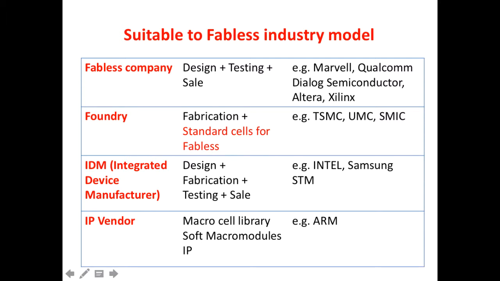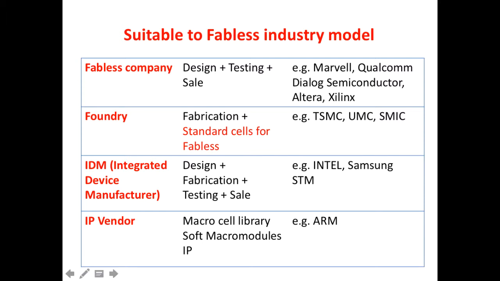I would say that at the moment, the most important fabless company is Qualcomm. And then you have several foundries. Most of the foundries are located in Southeast Asia. Here are the three most important ones. TSMC is in Taiwan, UMC is in Taiwan, and SMIC is in China. So there's also a difference in terms of geographical position.